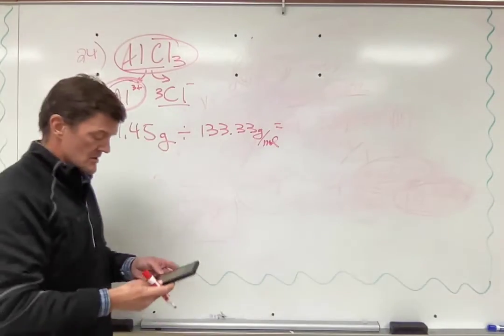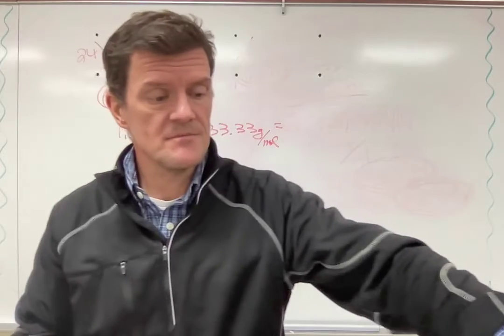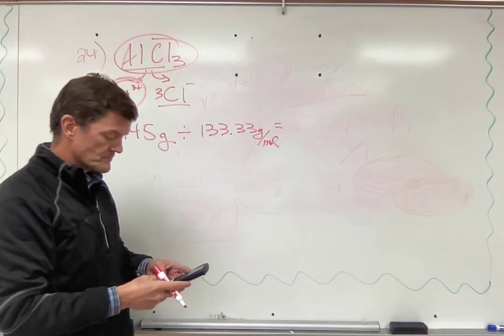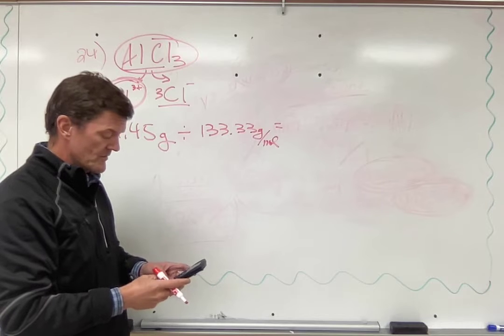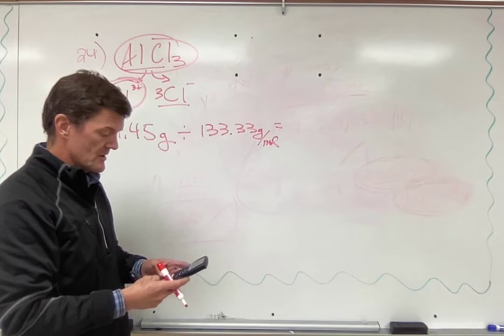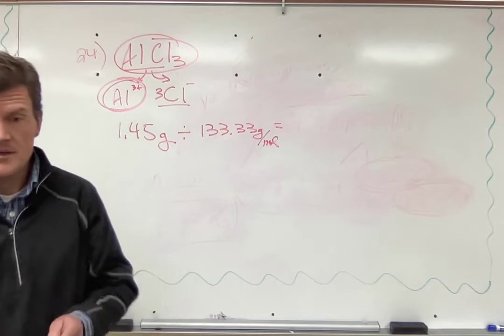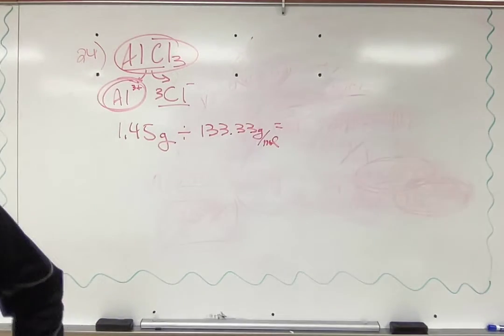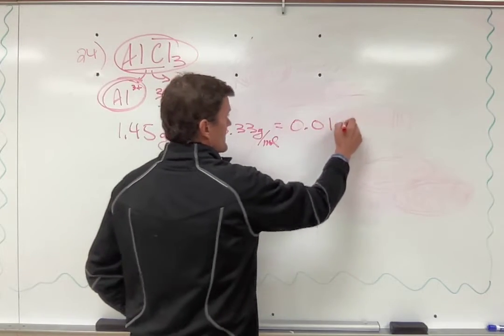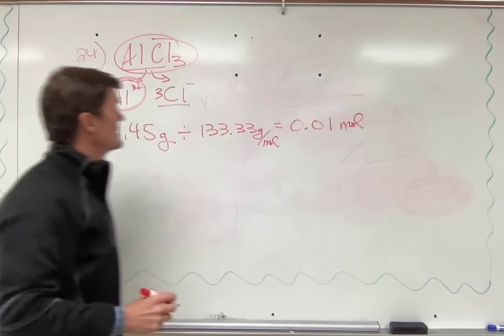So 1.45 divided by 133.33. Okay? And we get 0.01. We have that many moles.